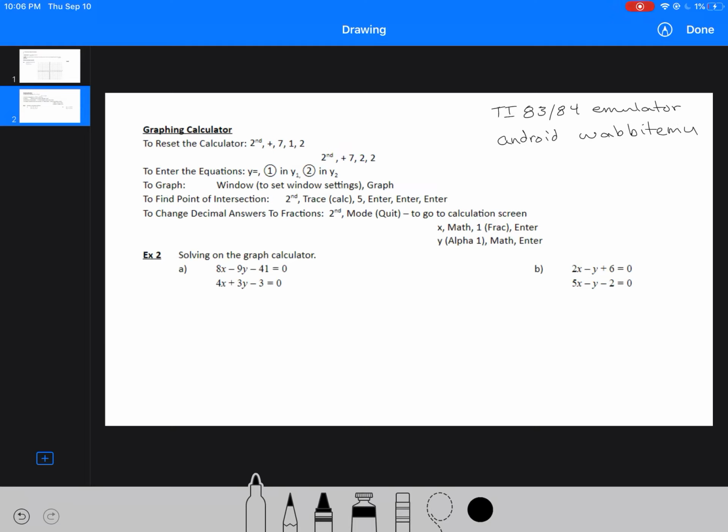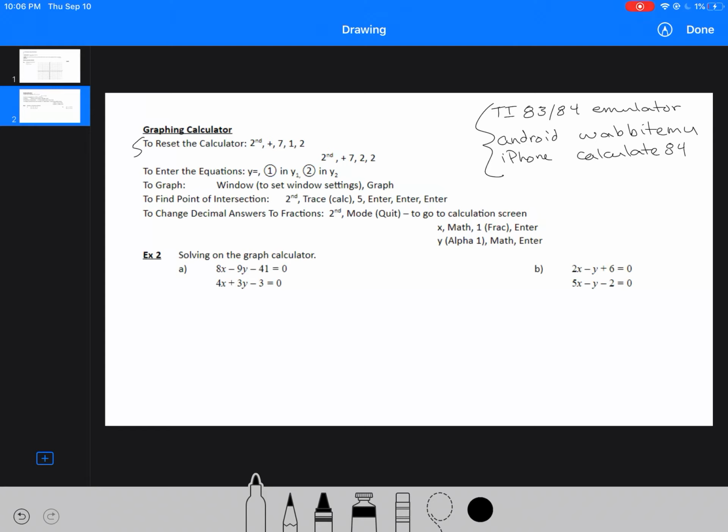It's free. I believe for iPhone there's one called Calculate 84, and I'm looking into a solution for the Chromebooks. But those are two apps that you can use if you want to test. And I will link a video in our classroom with a screenshot of doing it on the graphing calculator.